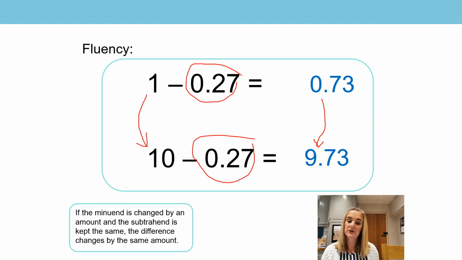But if we look at it the inverse way, going from the bottom calculation to the top, our minuend has decreased by 9, our subtrahends are still the same, and our difference has decreased by 9. So we can spot those relationships between those two calculations, and just remember our generalised statement. If the minuend is changed by an amount and the subtrahend is kept the same, the difference changes by the same amount.